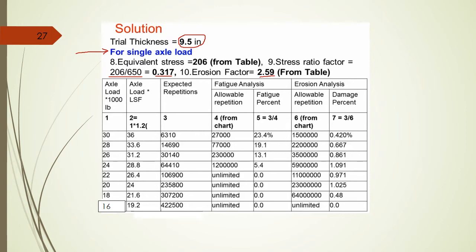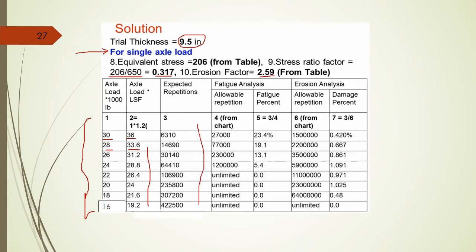Now, the single axles that we are given in this column will be multiplied by 1.2, the factor of impact and the safety factor. So 30 multiplied by 1.2 is 36, 28 multiplied by 1.2 is 33.6, and so on. We are also given the expected repetitions.